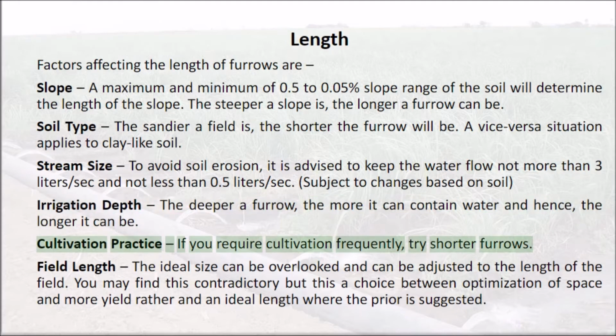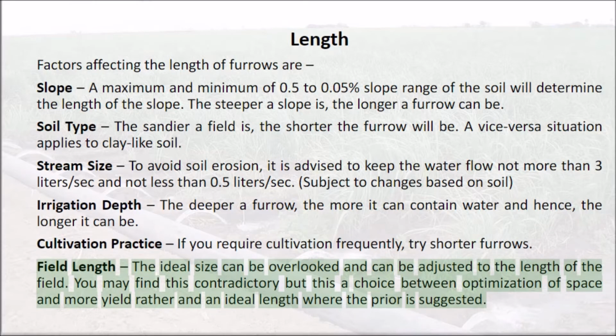Cultivation practice. If you require cultivation frequently, try shorter furrows. Field length. The ideal size can be overlooked and can be adjusted to the length of the field. You may find this contradictory, but this is a choice between optimization of space and more yield rather than an ideal length, where the prior is suggested.